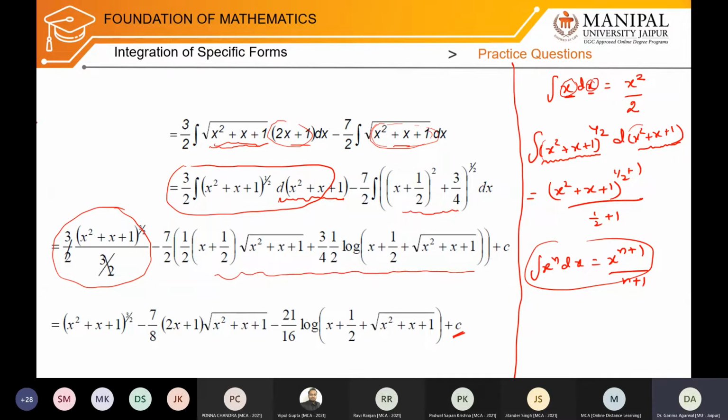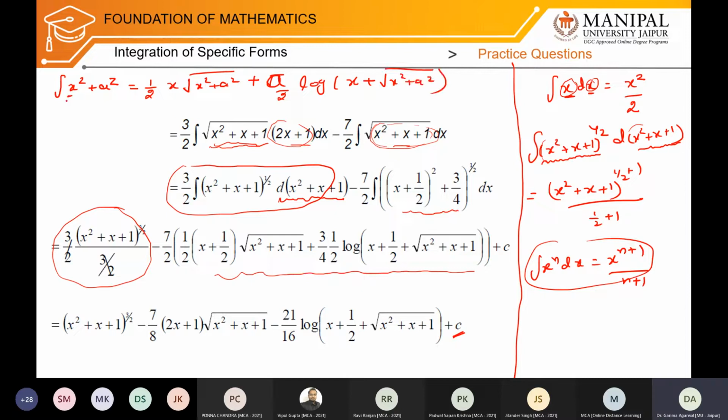Let me write here the formula of the integration of root of x square plus a square. It is 1 by 2 x root of (x square plus a square) plus a square by 2 log of (x plus root of x square plus a square).